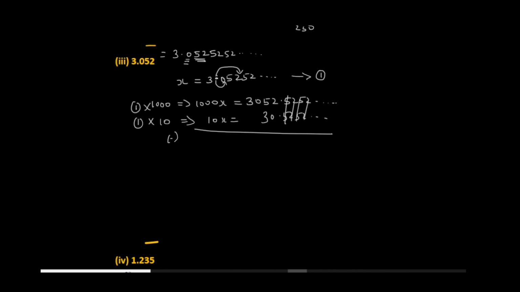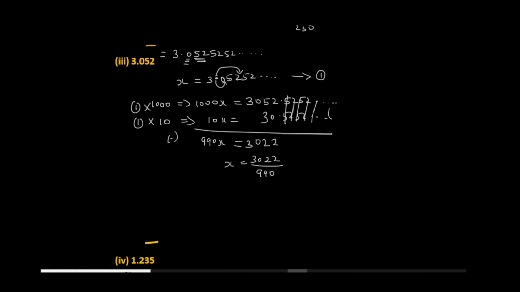While we are subtracting these two equations, we can remove our decimal parts easily. All the decimals get cancelled. We will only have the integral part, so easily we can get the P by Q format. 3022. Here 1000 minus 10 is nothing but 990x. So x is equal to 3022 divided by 990.